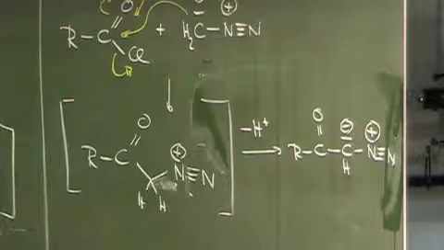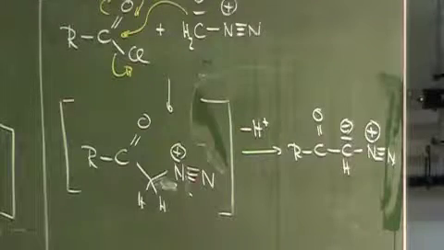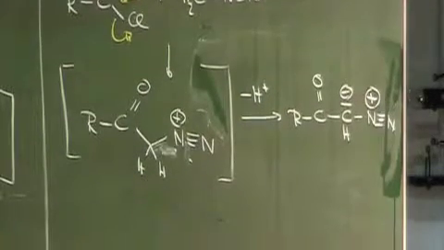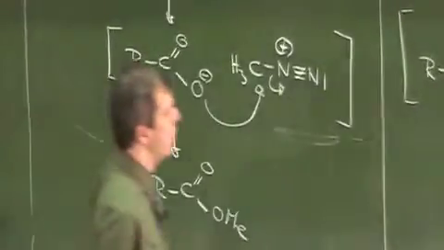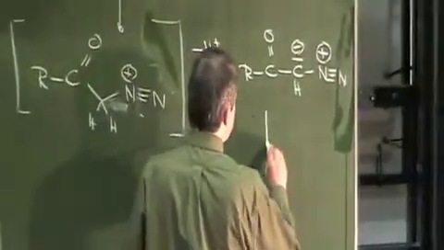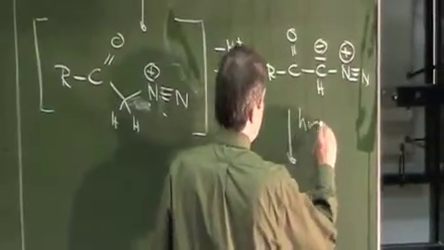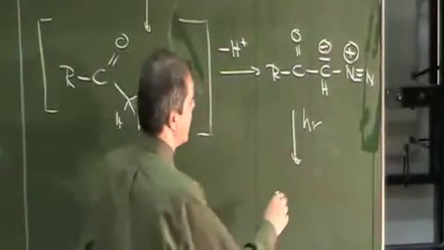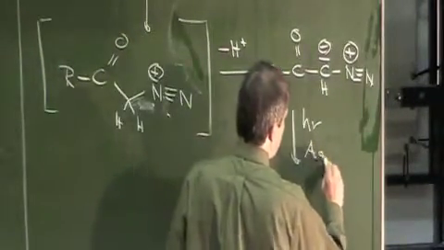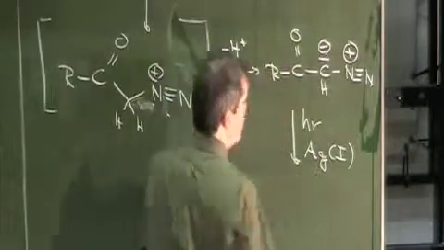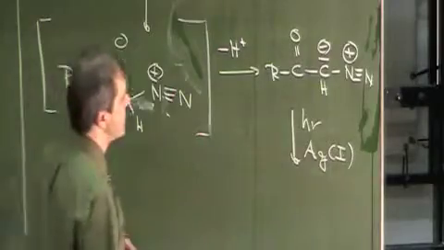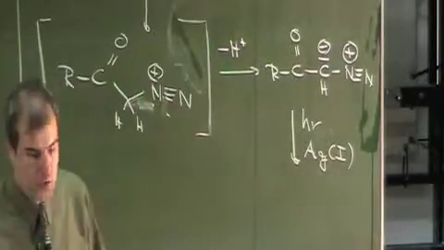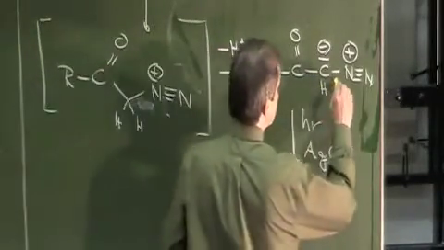And now if you treat these diazoketones either photochemically or, more commonly used, with silver 1 salts, the nitrogen extrusion will take place.